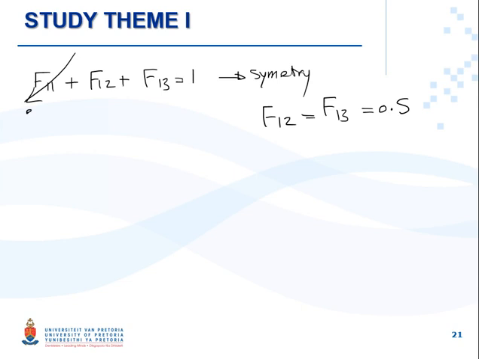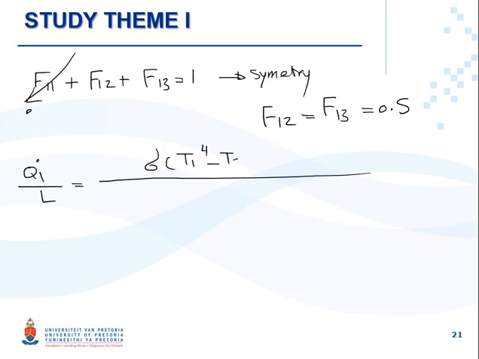So Q dot 1 divided by L is equal to, the driving force will stay the same, T1 to the power of 4 minus T2 to the power of 4, exactly the same.